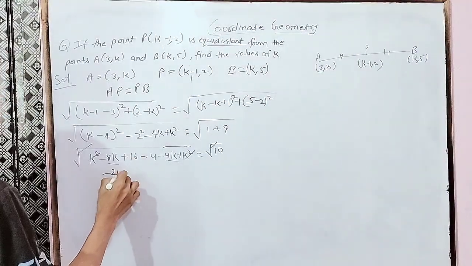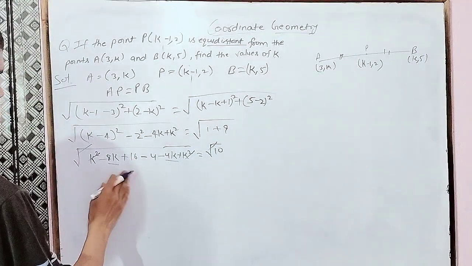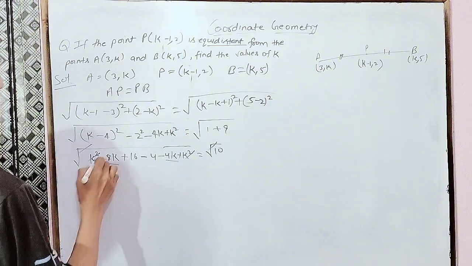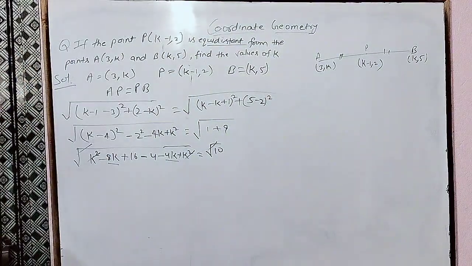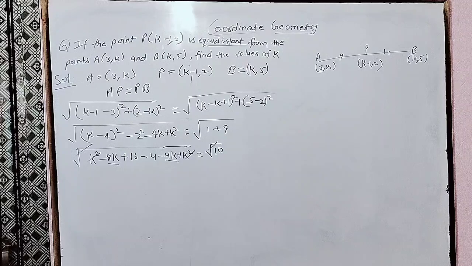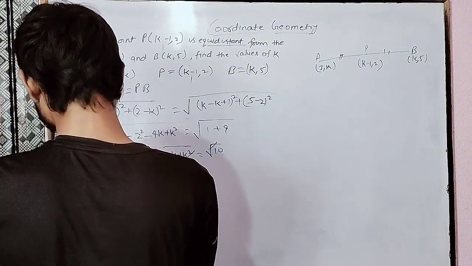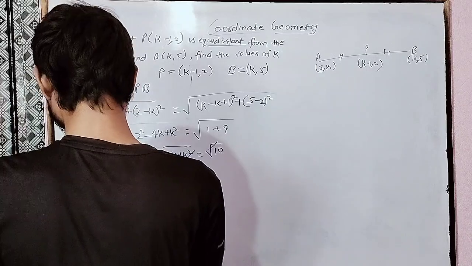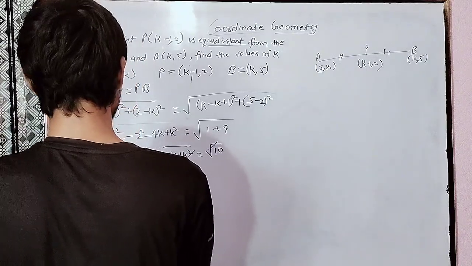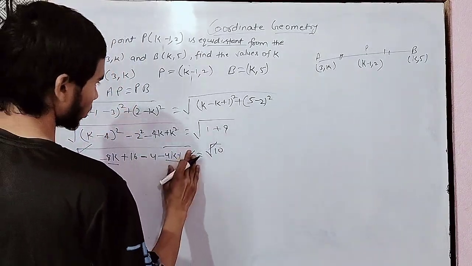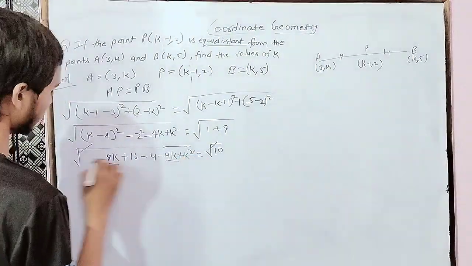So it is a minus 20k. So here you can see this is 2 times.